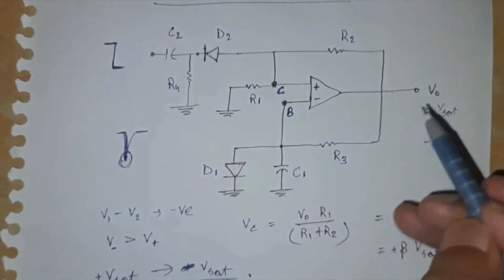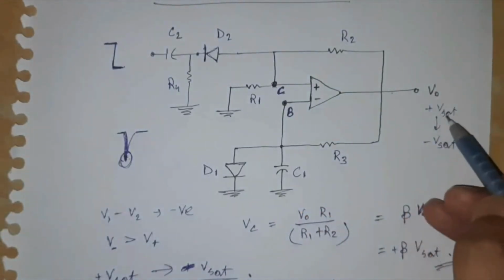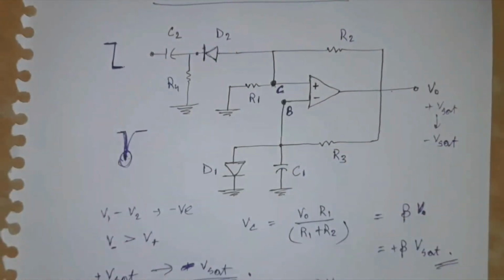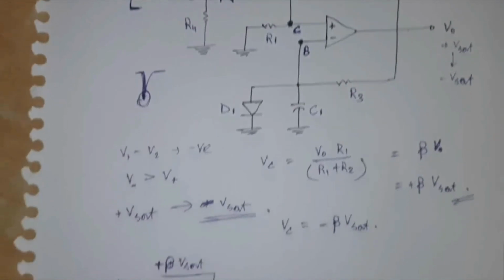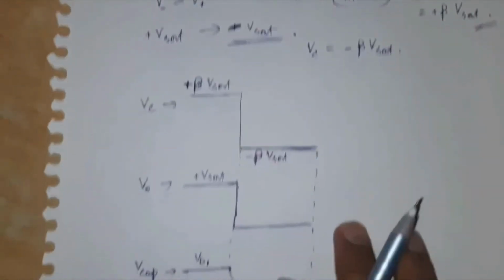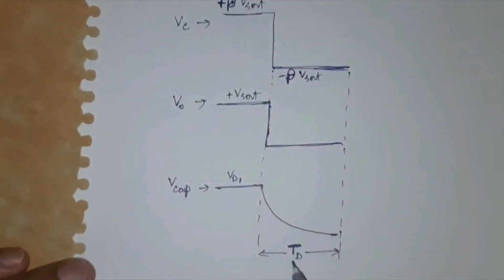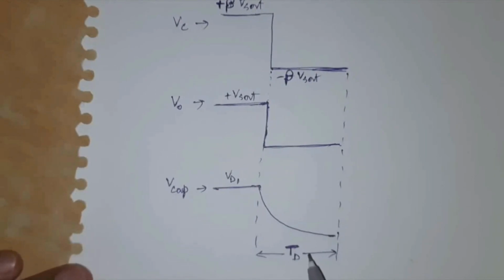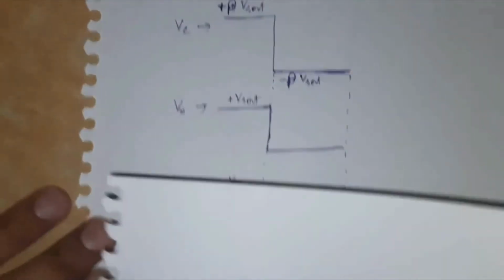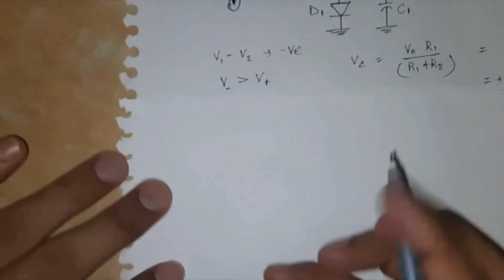So again, that will transition to plus V sat. So by carrying out the mathematical treatment, let us see what the value of this discharge time TD is. So let me take a fresh page.